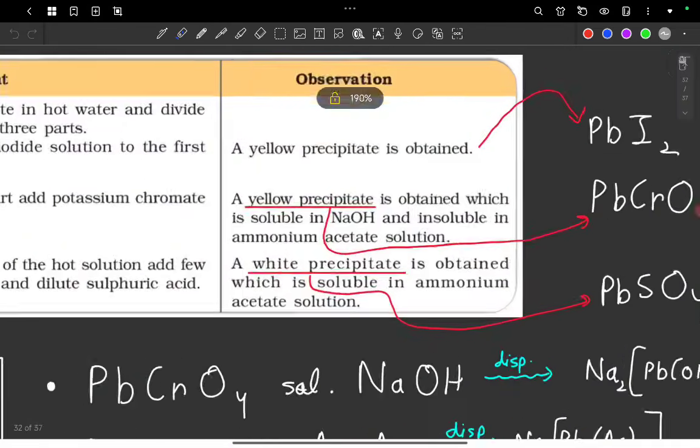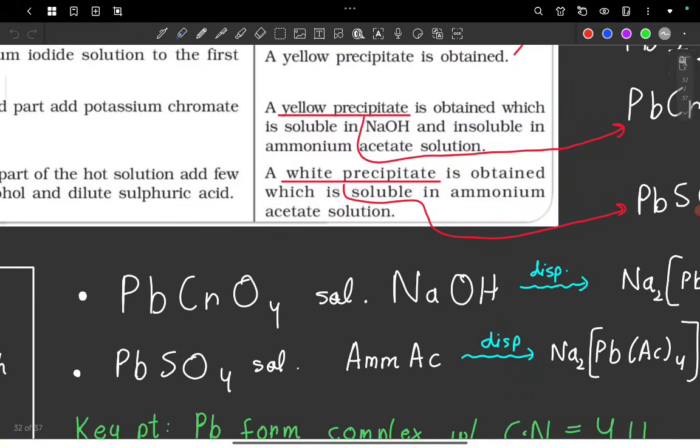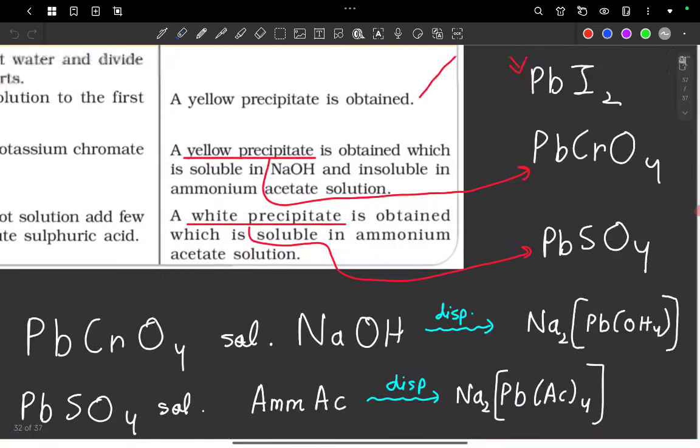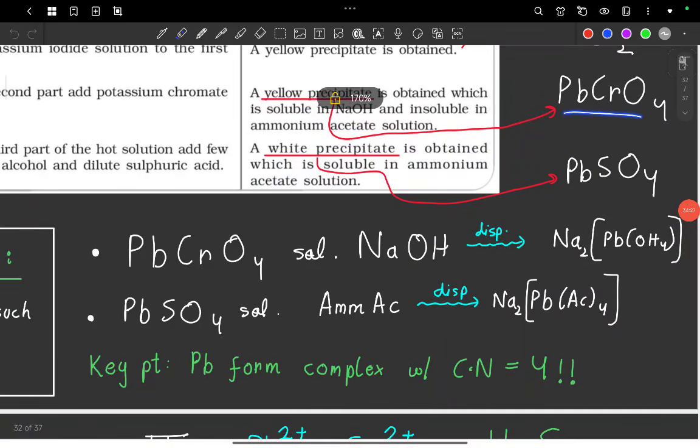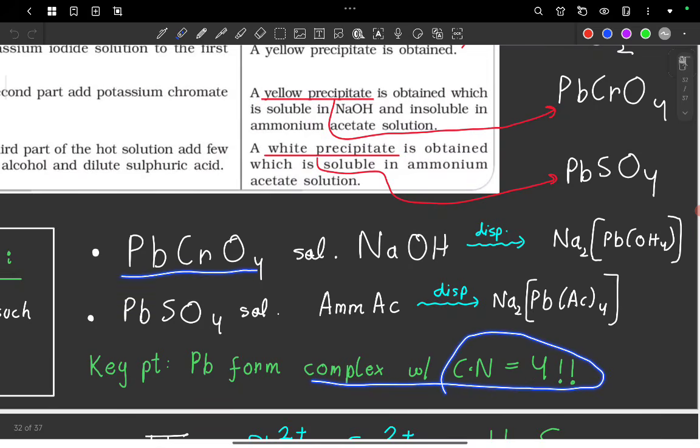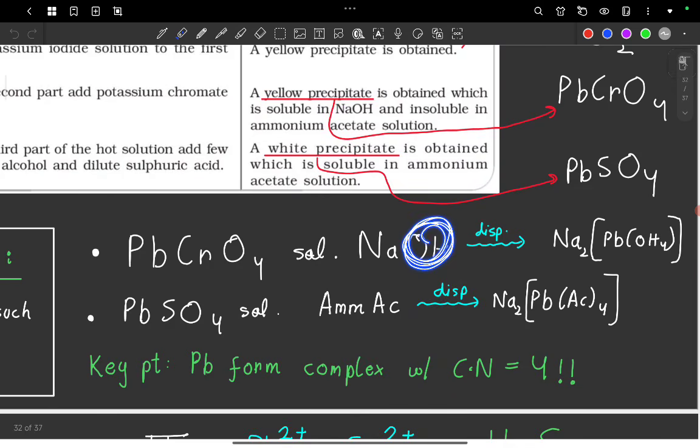And some chemical aspects I need you to know about these lines, that lead chromate is insoluble in ammonium acetate but soluble in NaOH. Now you should know about the tendency of lead to form complex with coordination number 4. So if you add PbCrO4 with NaOH, it is going to take 4 hydroxide ions and make a complex with them.